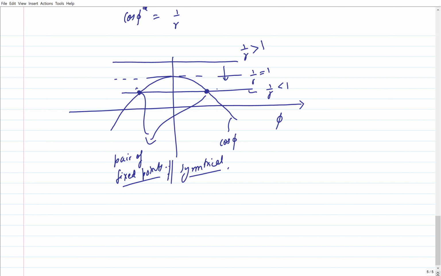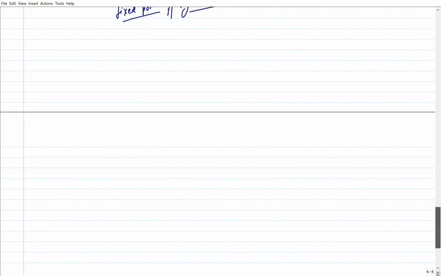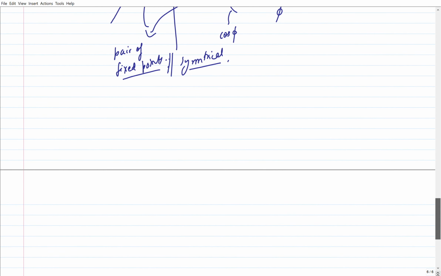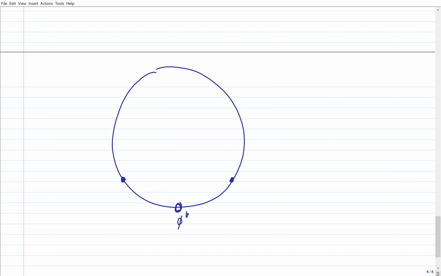If you look at what happens to the stability of the fixed point at phi star equals 0, I had a fixed point here, 2 fixed points here that are occurring. These are 2 symmetrical points.